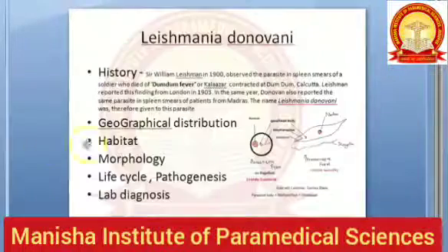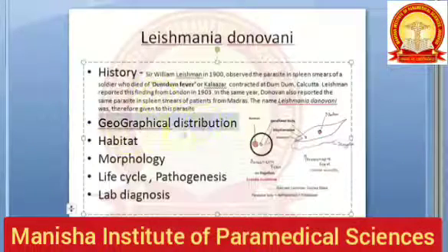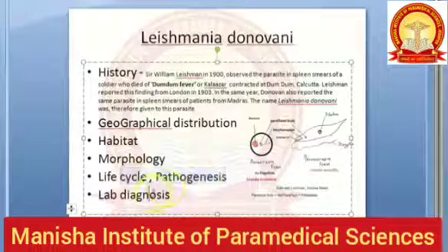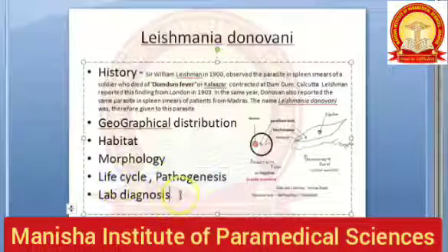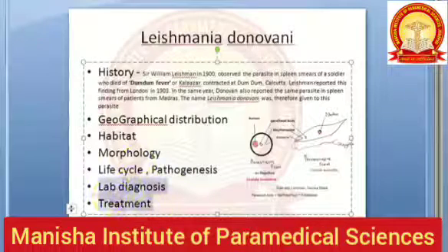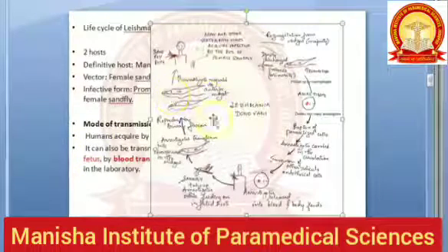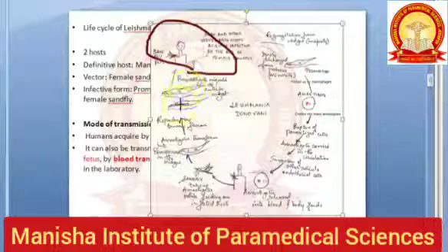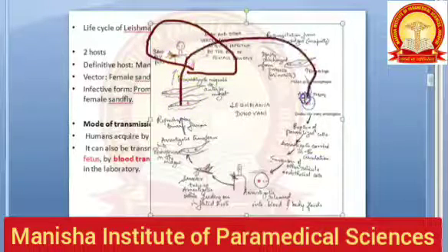Then we saw the history, geographical distribution, habitat and morphology. We also saw the life cycle and pathogenesis of Leishmania donovani. In this video, we want to look at the lab diagnosis and treatment. If you remember the life cycle, the promastigote enters the man and becomes an amastigote.